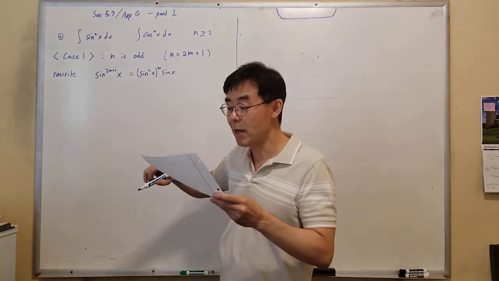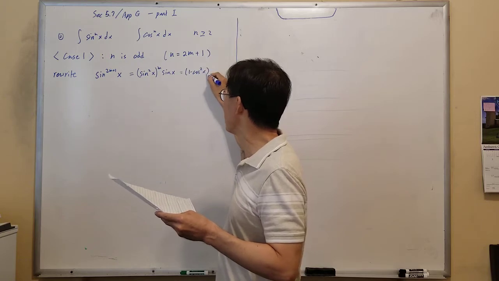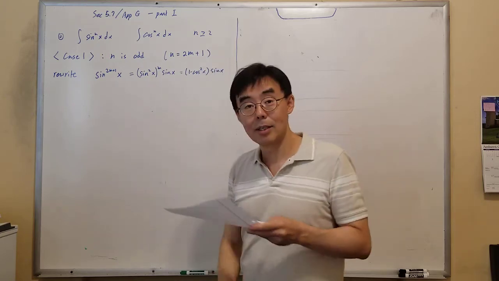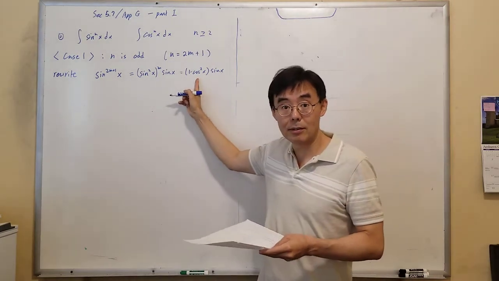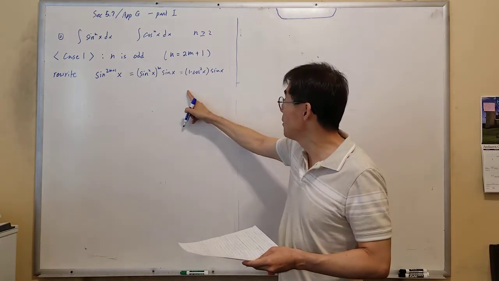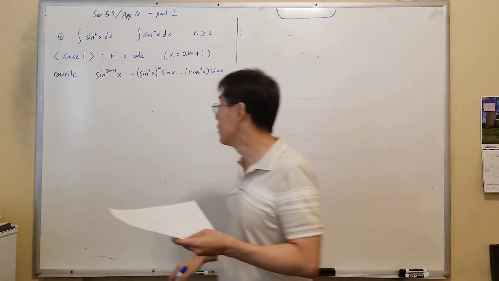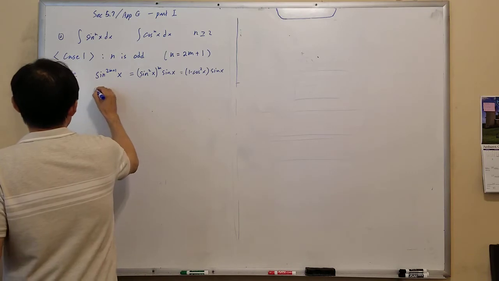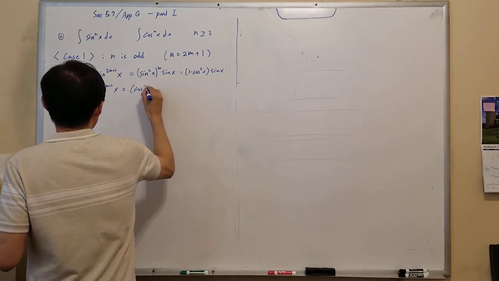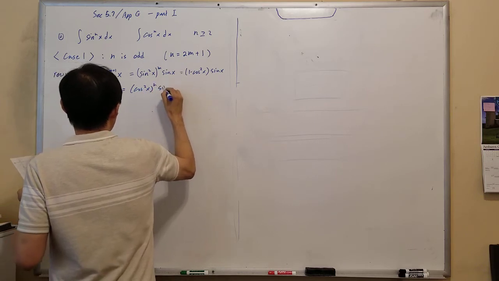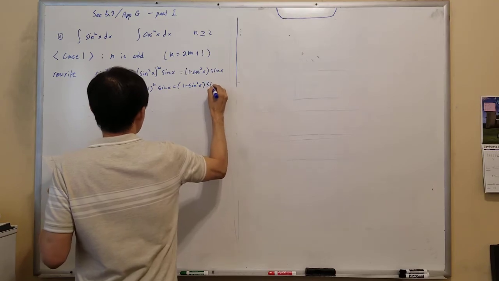Sine to the 2mth power sine of x, which is 1 minus cosine squared of x, sine of x. So that when we use u equals cosine of x substitution, du will be minus sine x dx. So it's going to be simple substitution. Likewise, if you have cosine 2m plus 1 power x, it becomes cosine squared to the mth power, cosine of x, 1 minus sine squared of x, cosine of x.